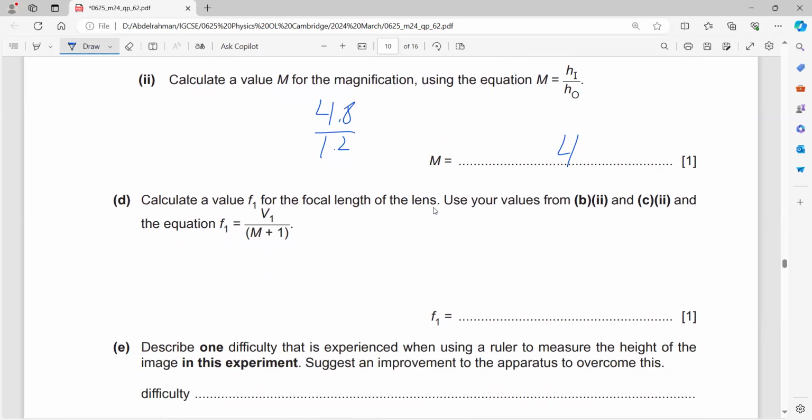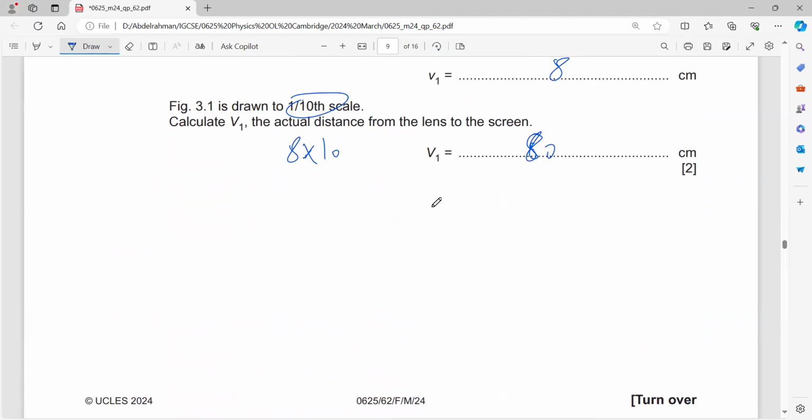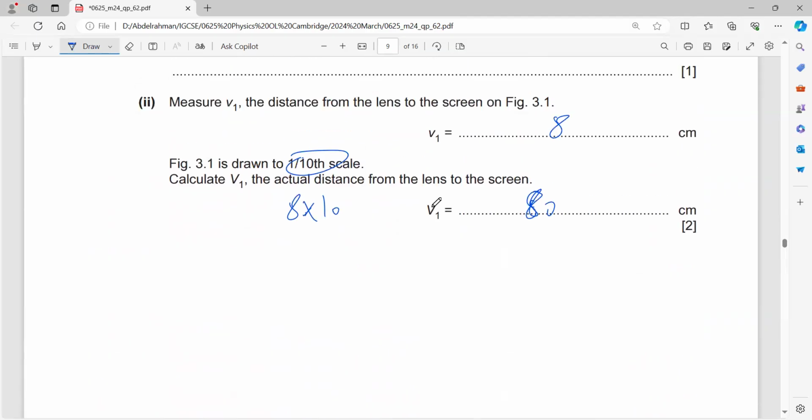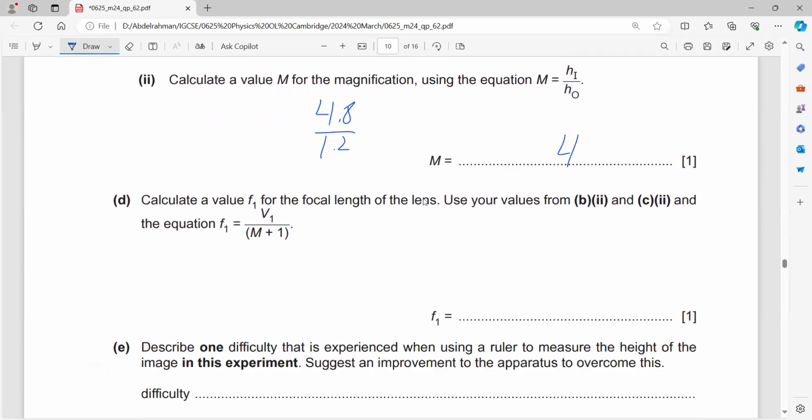Calculate the value F1 for the focal length using the numbers V1 over M plus 1. V1 was 80, capital V1, not small v1. So capital V1 is 80 over 4 plus 1, which gives a focal length of 16 centimeters.